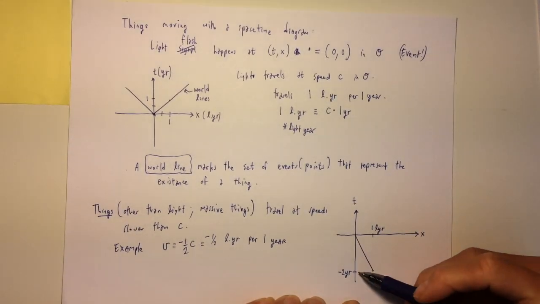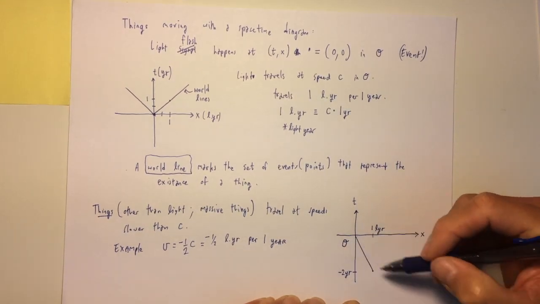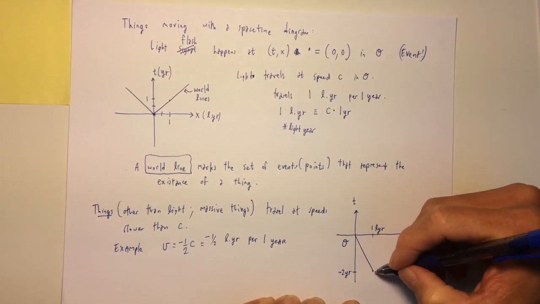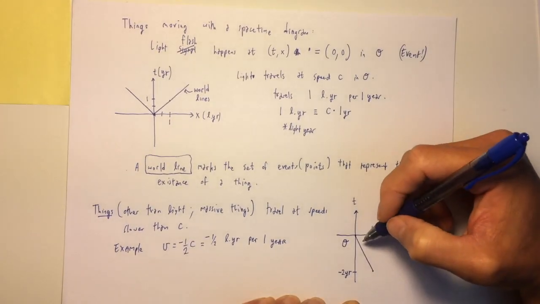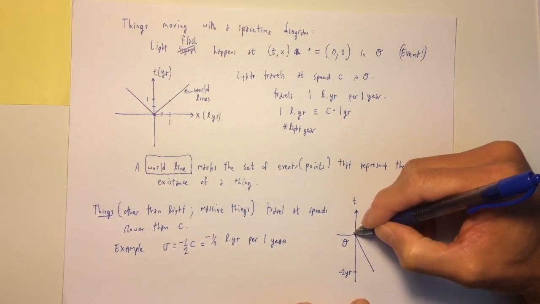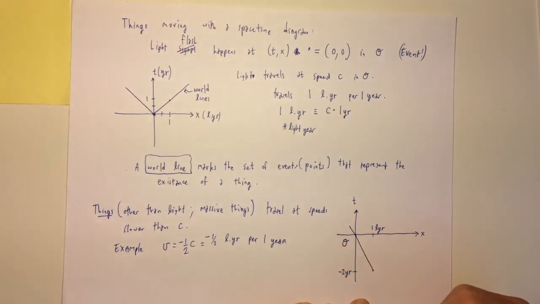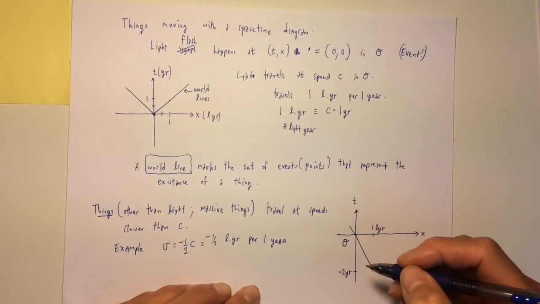So if observer O waits 2 years, then this object will move from here to the origin, right? And if it keeps this speed for a little bit of time, it'll go into the negative values of x. But let's say that at some point, this is kind of a cool thing.